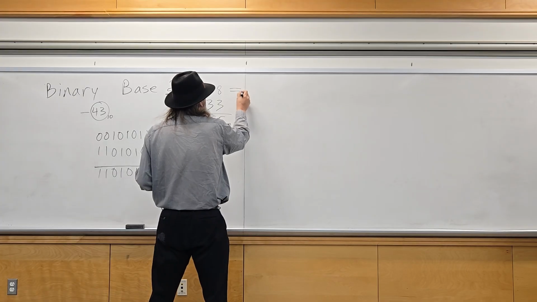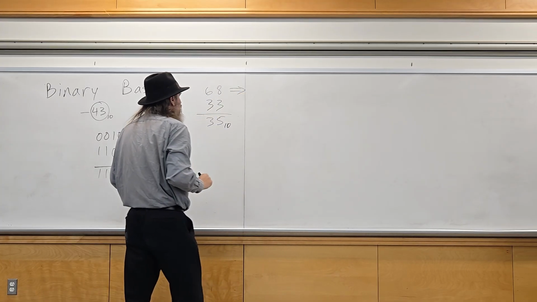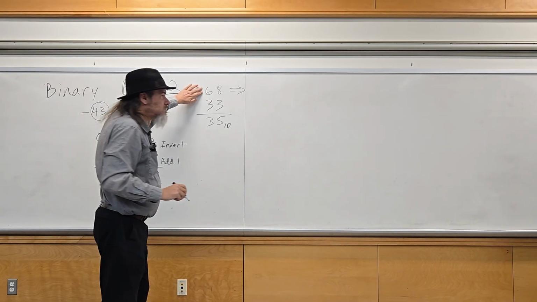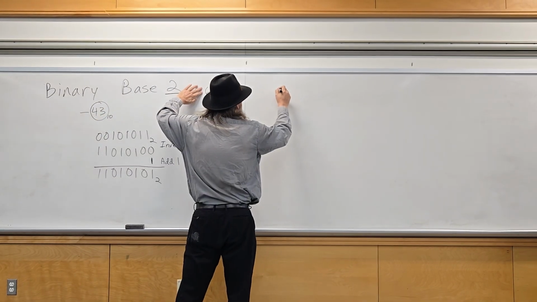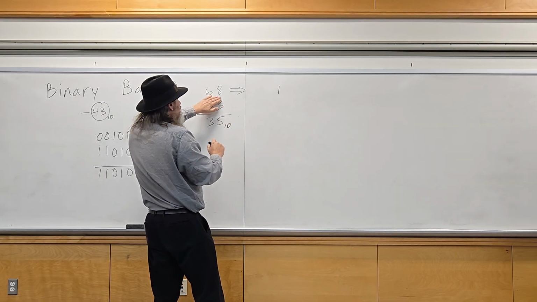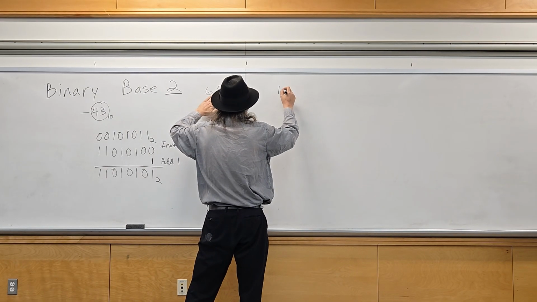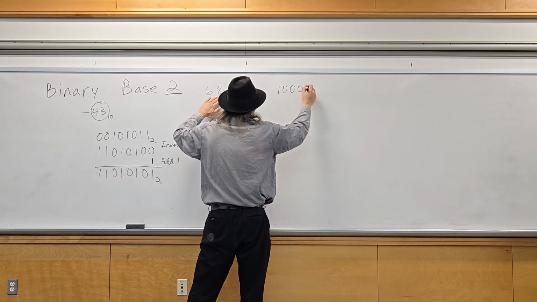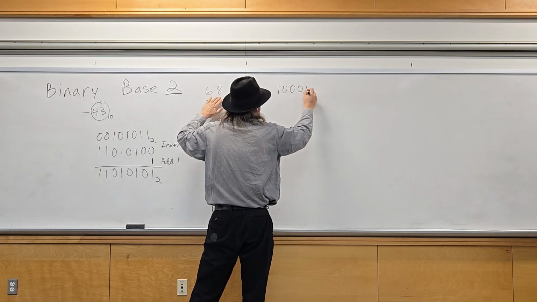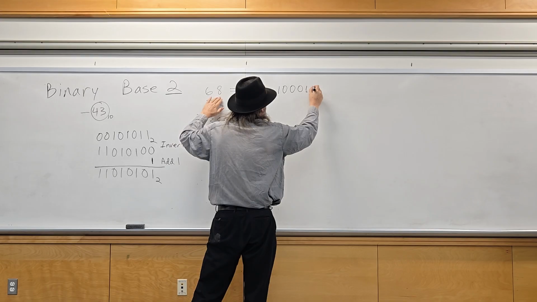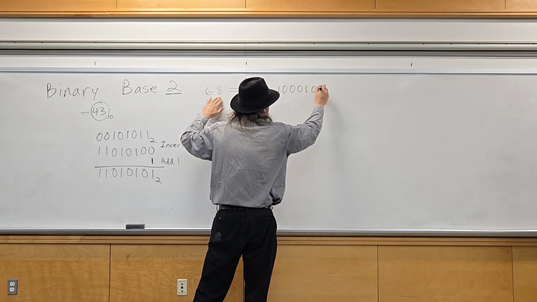we'll convert this to binary. You got a 64 in there. So 1 in the 64s. That leaves 4 left over, so there's no 32s, no 16s, no 8s. There's a 4, and no 2s and no 1s.